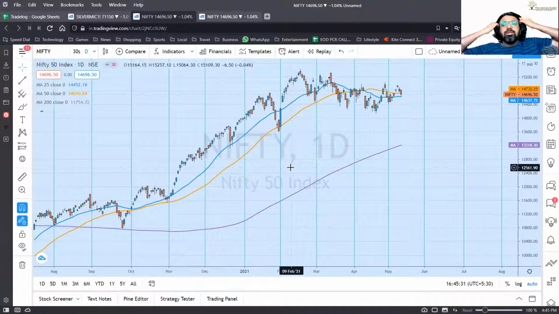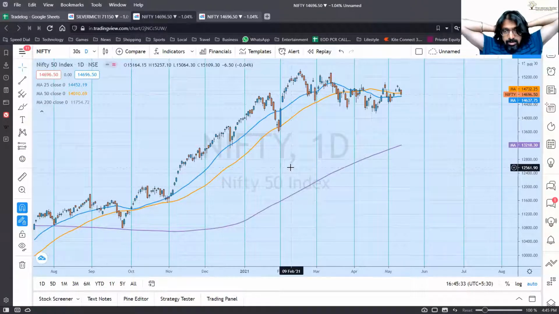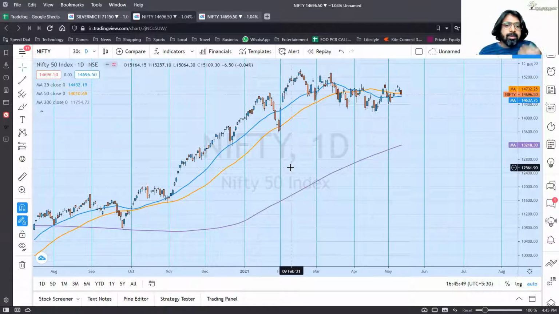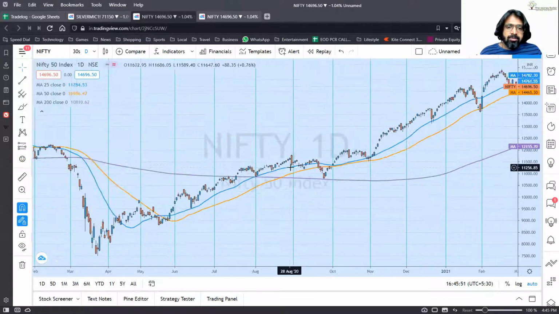How you select the right average is up to you, but the common parlance is that you select one short term average, one medium term or intermediate term average, and one long term average. And you try to take trades which are in the direction of the long term average.